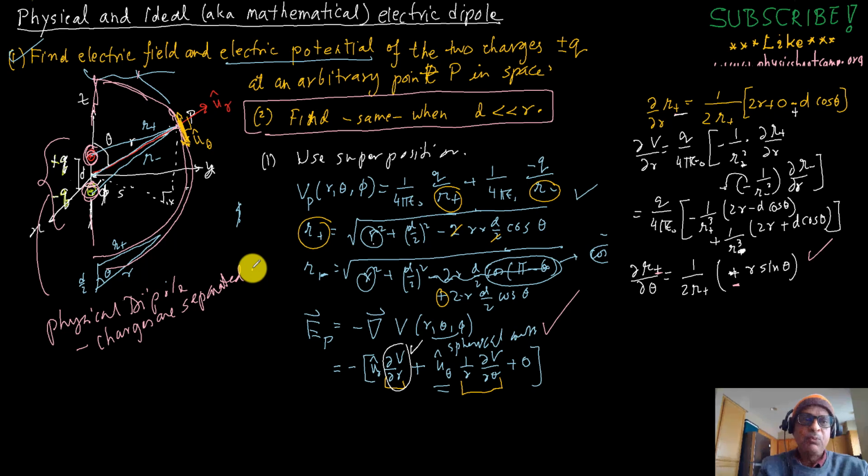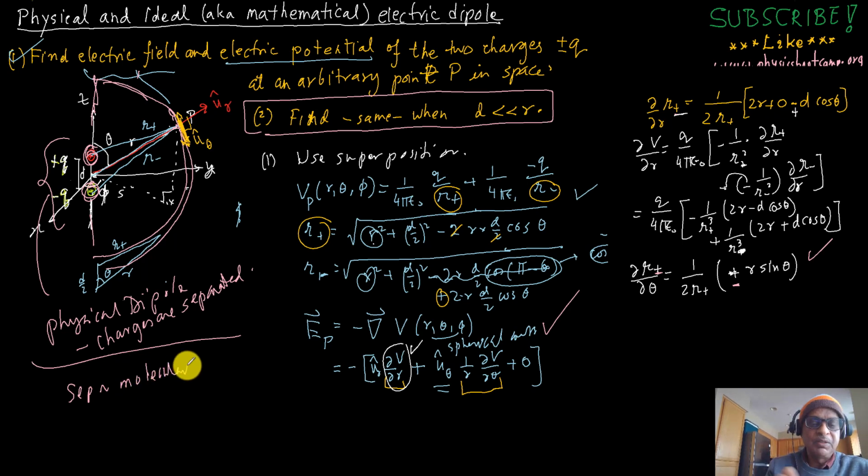Okay, we often deal with electric dipoles in situations where the charge is separated at the molecular level, but the distance at which we want the electric potential is a long distance. So if the separation is at the molecular level, but the R we want is maybe lab level, there are several orders of magnitude difference here.